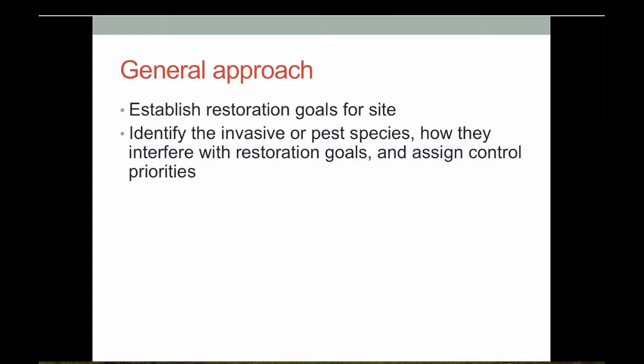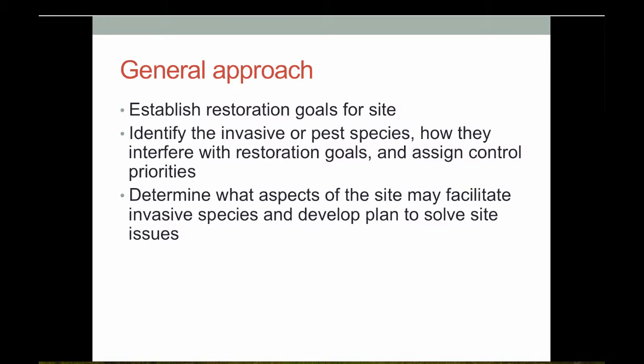So which of those species are really going to interfere with your restoration goals, and then you're going to prioritize which ones you need to deal with first, which ones you may need to just eradicate, or which ones may not be a big problem at all in terms of how you move forward with your restoration plan.